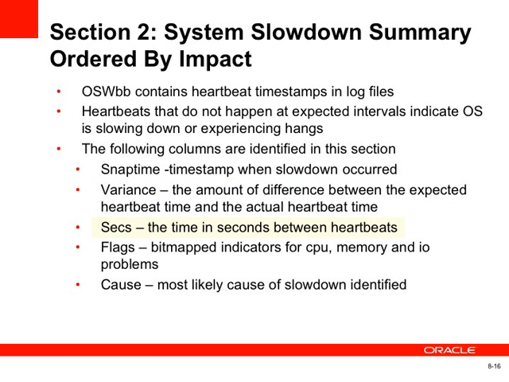The seconds column indicates the amount of time, in seconds, between OSWatcher black box heartbeats. The flags column contains bitmap indicators for CPU, memory and I/O. These flags are used by the analyzer to make decisions on the causes of the slowdowns which are identified in this section.